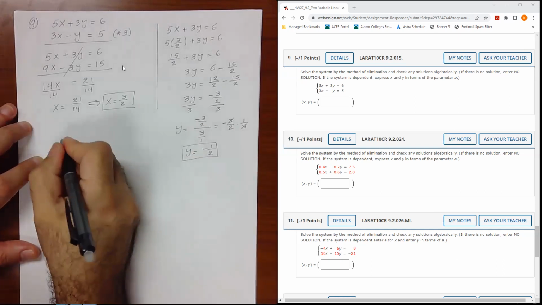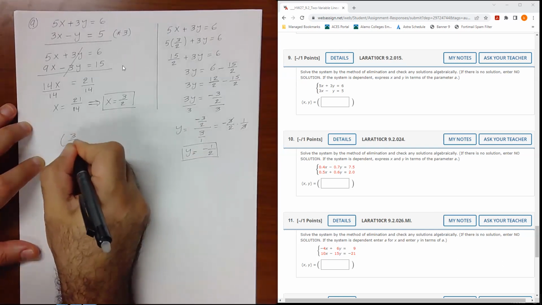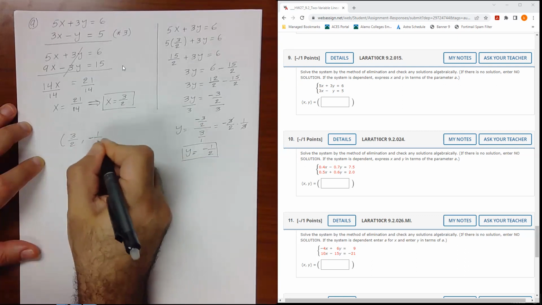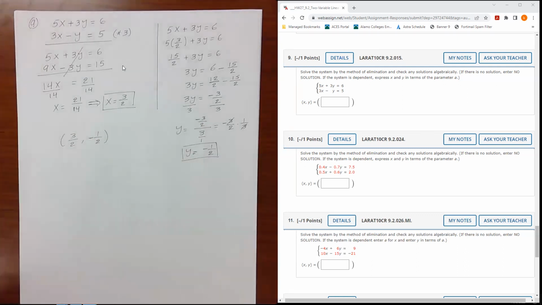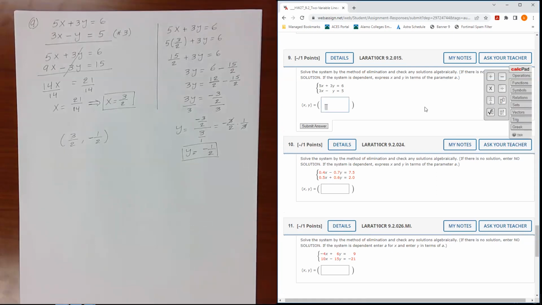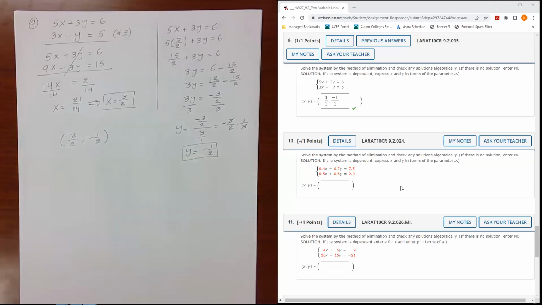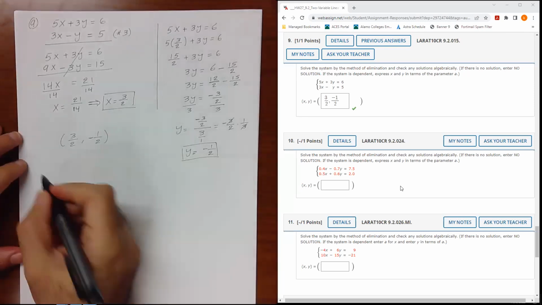So the solution: x is 3 over 2 and y is negative 1 over 2. This is our solution for example 9. So we're going to plug in here the fraction 3 over 2, and comma, and here another fraction which is negative 1 over 2. You got it right. Let's move to example 10.